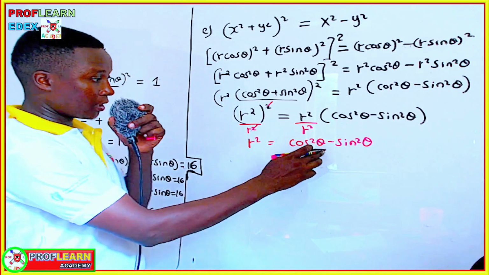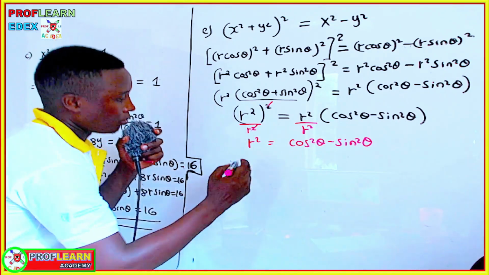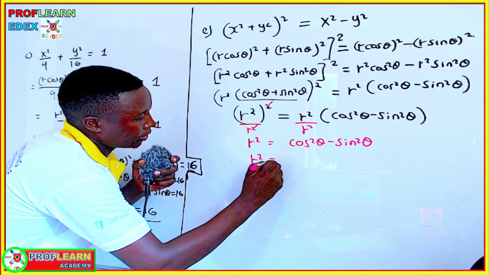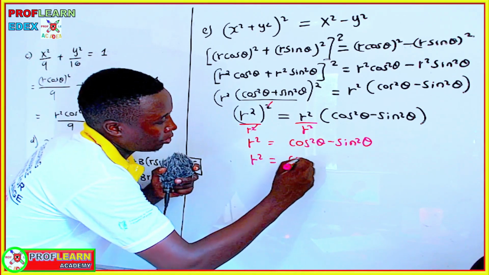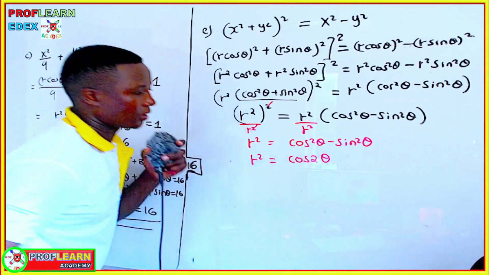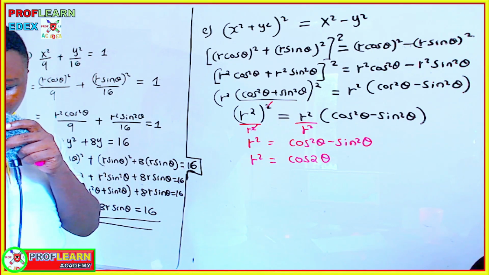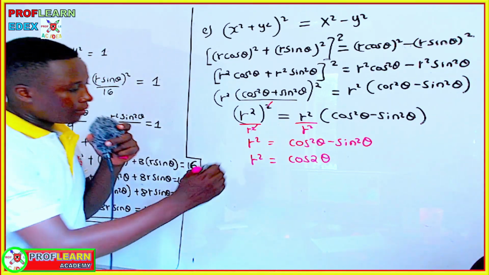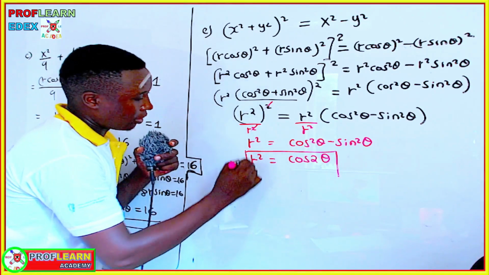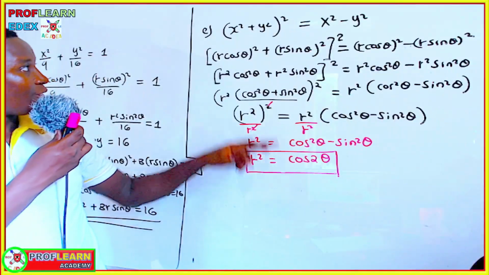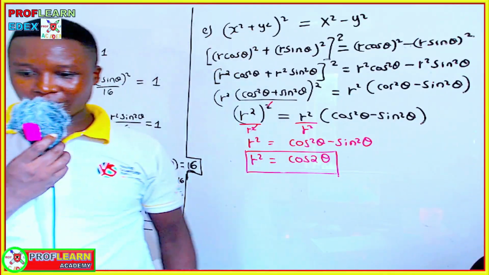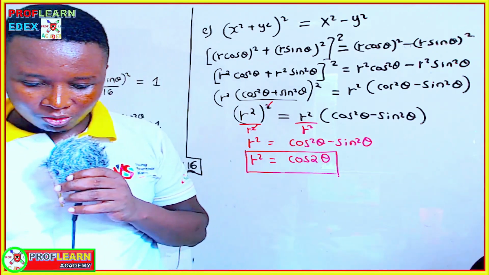We know that it represents r squared equals cos 2 theta. That's what we have in this case. So this form that we have now is the polar form of this Cartesian equation. Basically, that's what we are supposed to do.